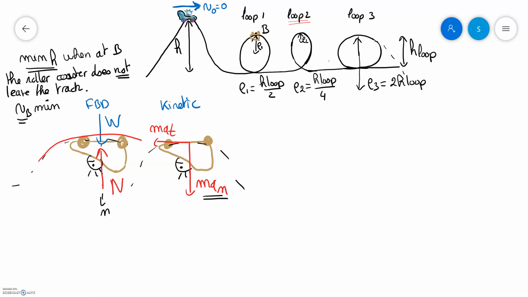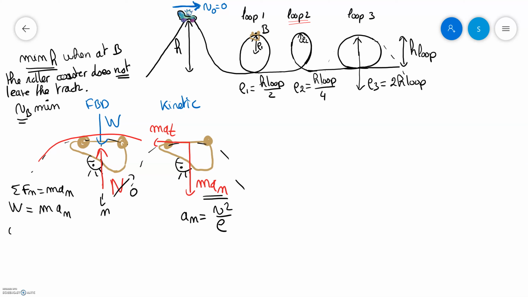So we have the sum of the forces on n equal m a_n. Because we want to solve for the minimum VB, it's when the normal force is 0, when it's about to leave the track. So we have W equal m a_n. What is a_n? The normal acceleration is V squared divided by rho.